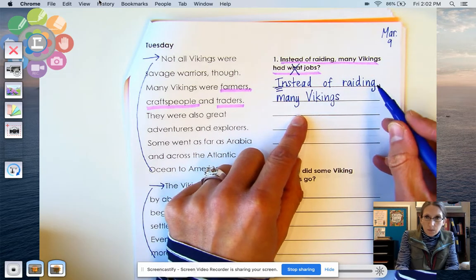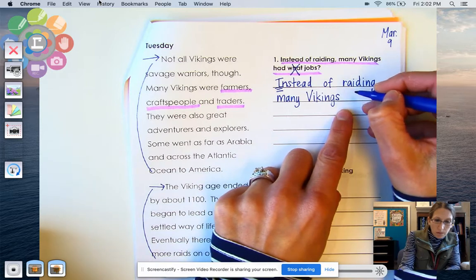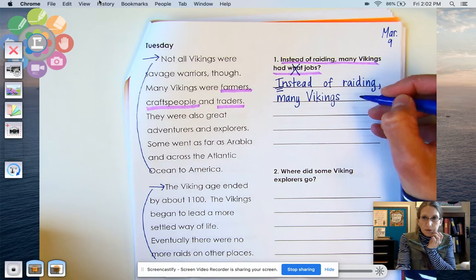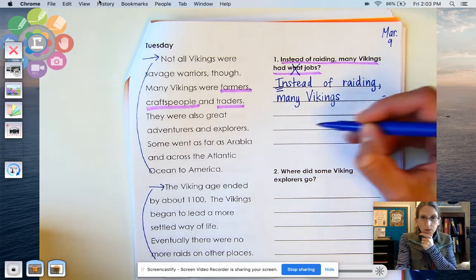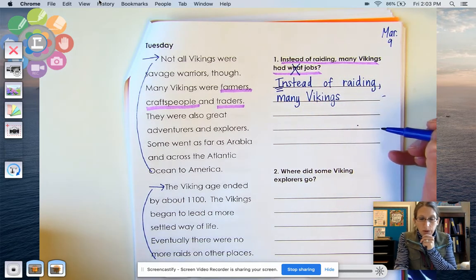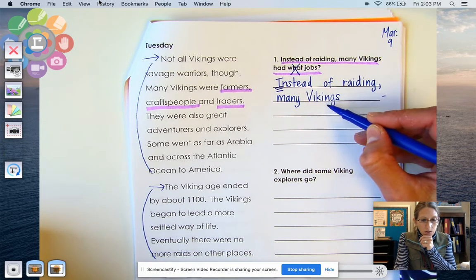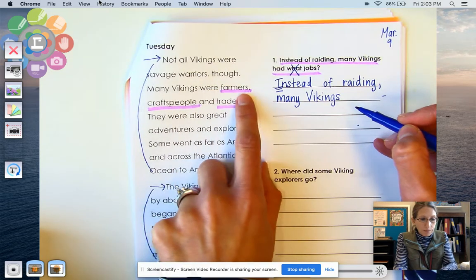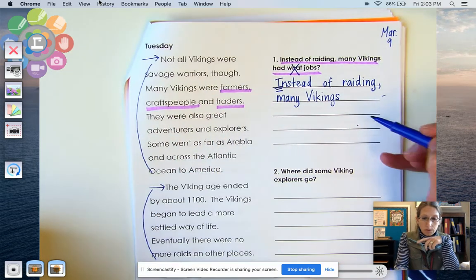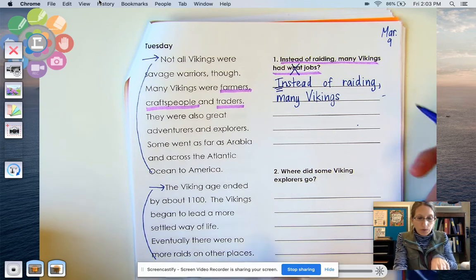So instead of raiding, many Vikings, so we could say, had jobs such as farmers, craftspeople, and traders. Or we could say, instead of raiding, many Vikings were, we could just use how it says here, were farmers, craftspeople, and traders. I'm going to let you choose how you want to do that.